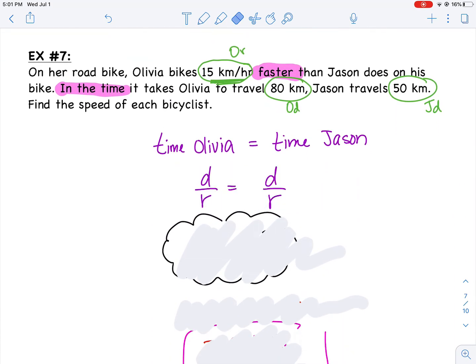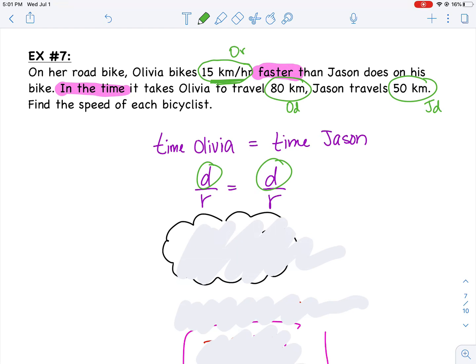The time for Olivia is her distance divided by her rate, and the time for Jason is his distance divided by his rate. Do we know Olivia's distance? Sure, she went 80 kilometers. And Jason's distance? He went 50 kilometers. So we can plug in those values.